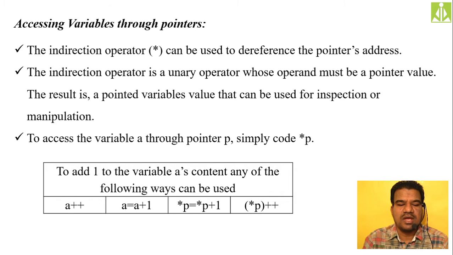So how we can access the variables through pointers, in the sense, simply with the help of indirection operator or redirection operator. Both names give the same meaning, indirection or redirection. The operator which we use is the asterisk operator or star operator. So in order to indirect a particular variable's value, okay, if you have an address, from that address if you want to get the value, apply the indirection operator.